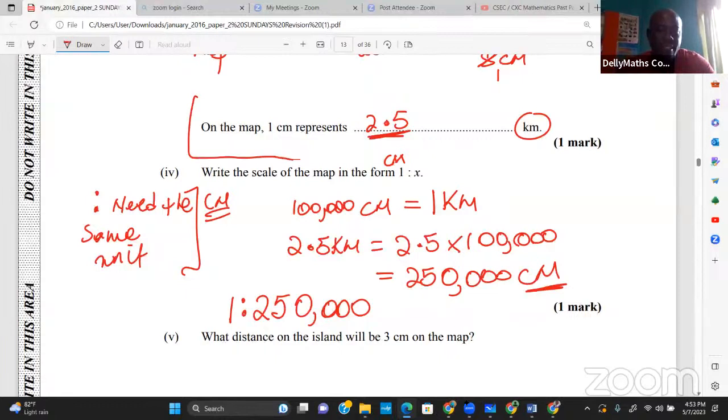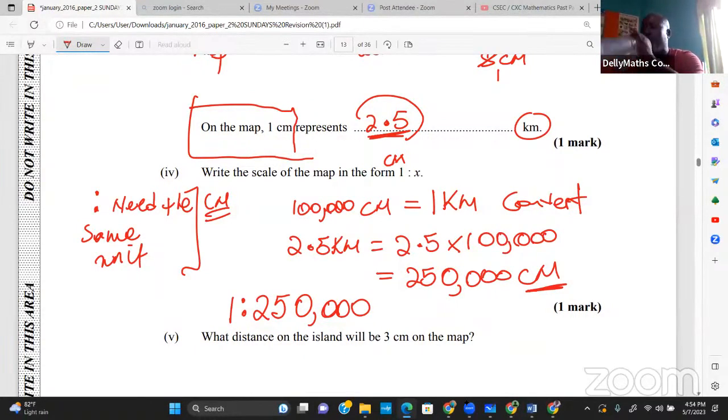When they ask this, they're scaling it down to you for you to see what it represents in kilometers. Then you have to do that conversion, so here is when your understanding will come for you to convert that to centimeters so that you are in the same unit, and then the colon can be used.